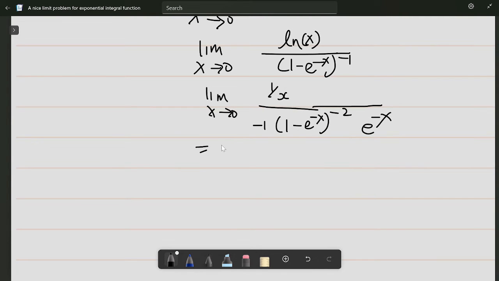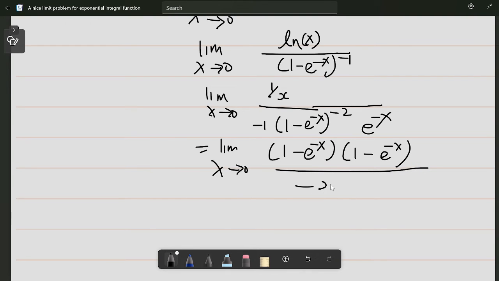Now to simplify this, what we can do is, first of all, take this to the numerator. So 1 minus e to the power minus x whole square, and then minus x e to the power minus x.